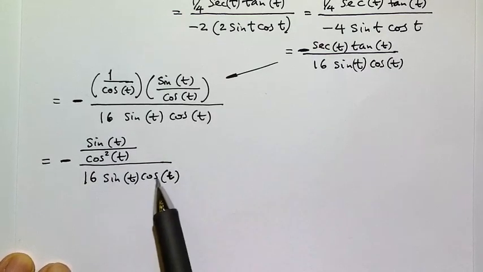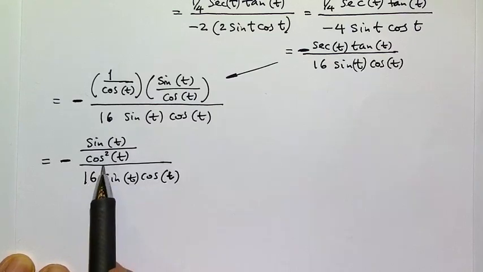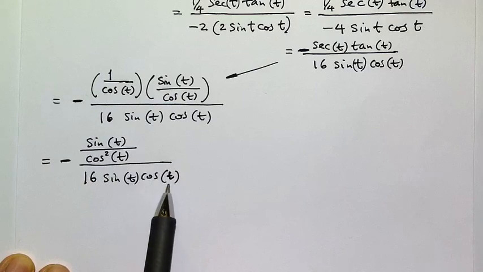Okay, so this complex fraction, we can simplify it again, so we end up with multiplying cosine squared t by this, we get cosine cubed t in the denominator.